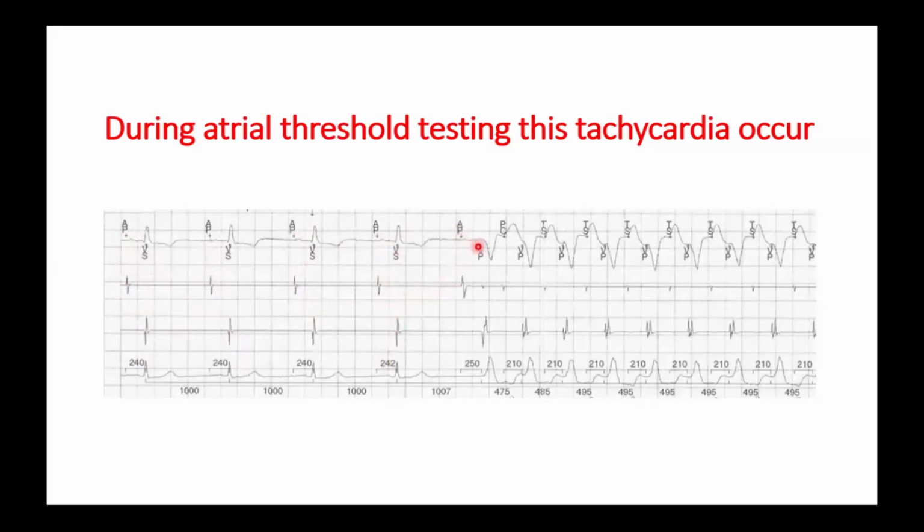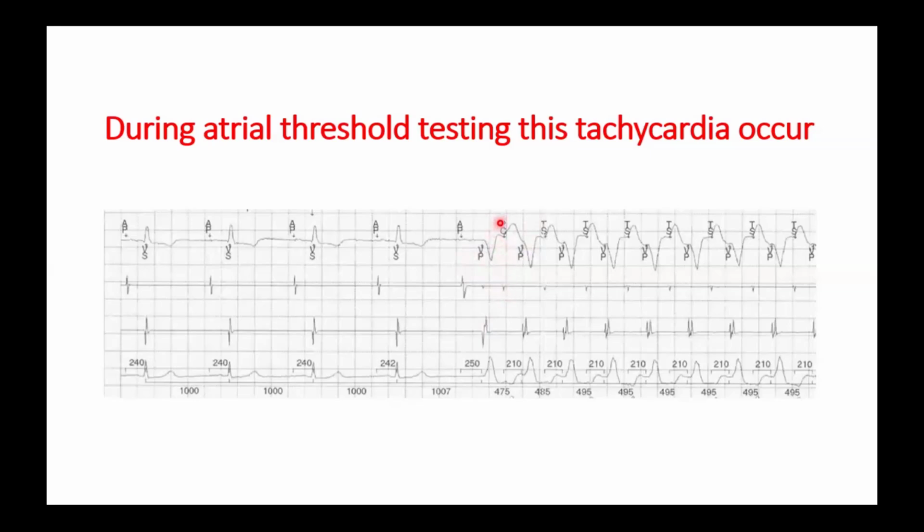Here, atrial pacing, there is no P wave, so it didn't capture the atrium, followed by ventricular pacing at this long AV interval, and there is a retrograde conduction.